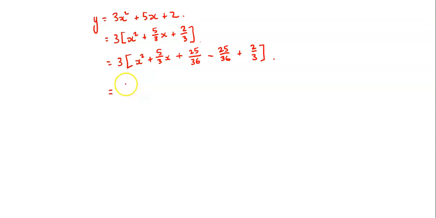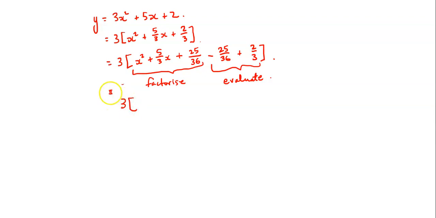So in step number 3, we're going to factorize the first 3 terms and evaluate the last 2 terms. So we're going to have here 3 open brackets.